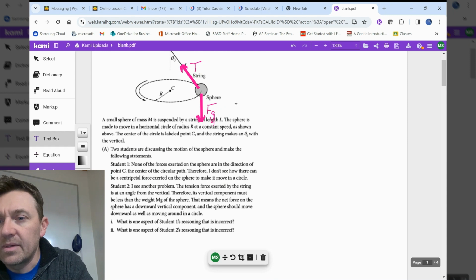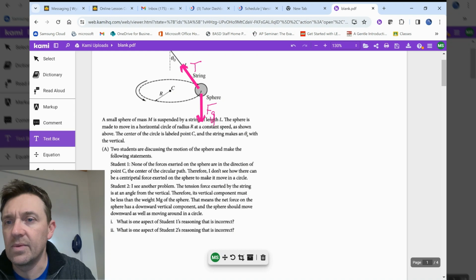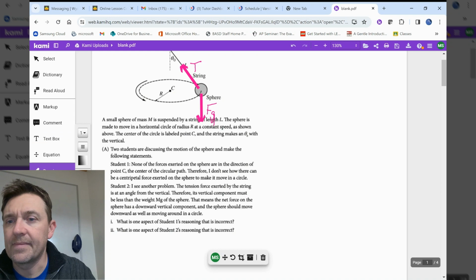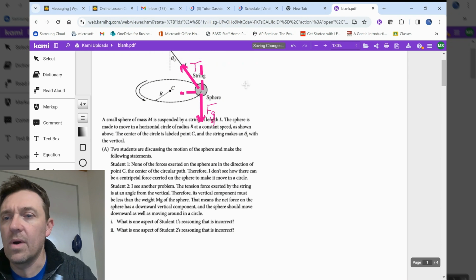So let me get another drawing tool here. And let's put this line going towards the center. And that would be T_x. And let's take a look at a line going straight up. And that would be T_y.